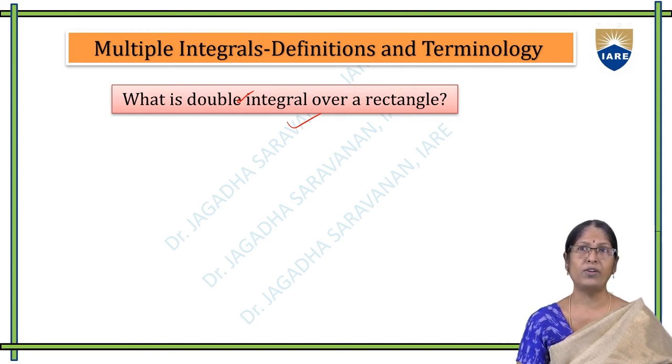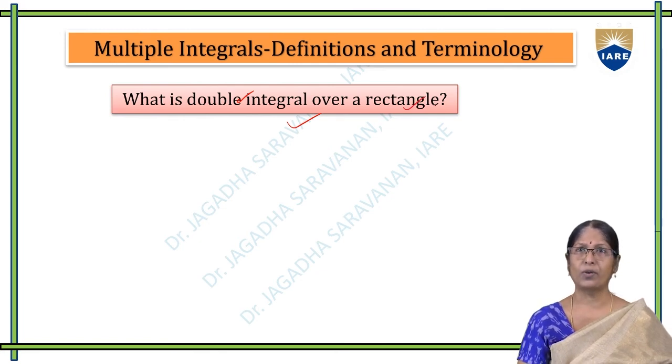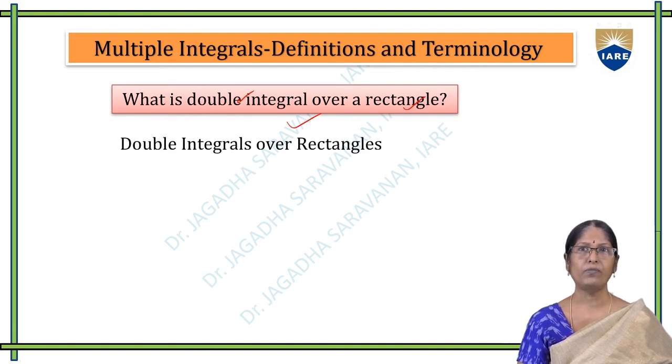So the bounded region is our rectangle. Suppose in the question a triple integral is there, and the word volume is not given, it is understood that we are evaluating the volume of a particular region.